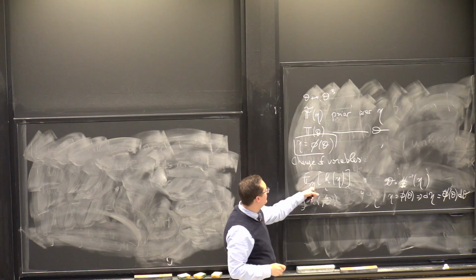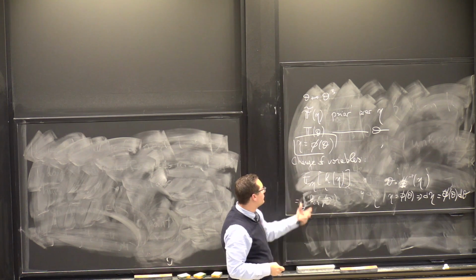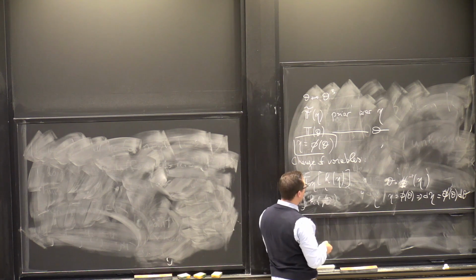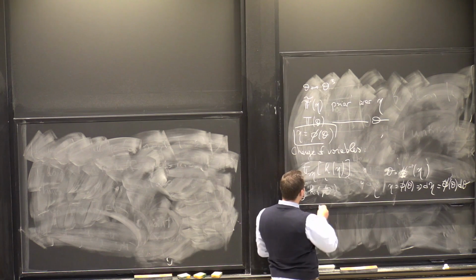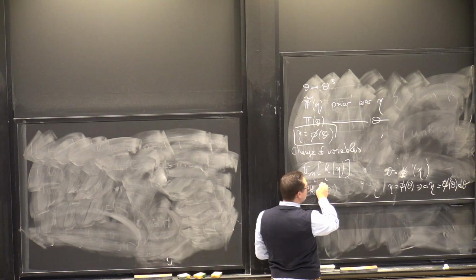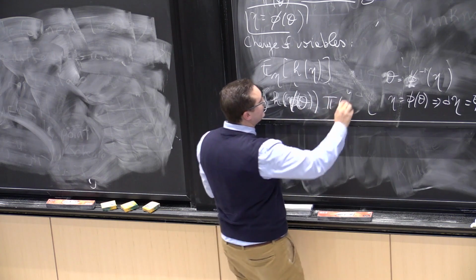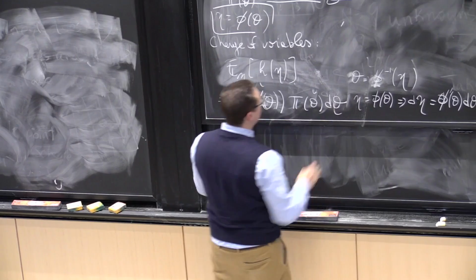That's just eta drawn from the prior. And I want to write this as the integral of h of eta times some function, right? So this is the integral of h of phi of theta, pi of theta, d theta.